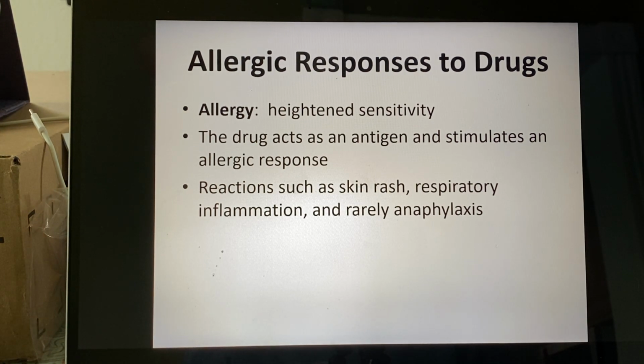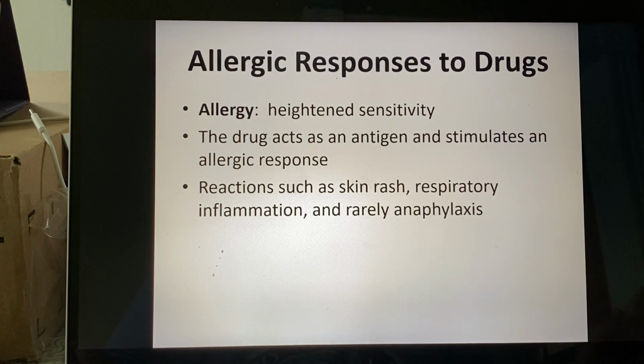When you have an allergy to a drug, it can include a skin rash, in worst-case scenarios respiratory inflammation where the person is having a hard time breathing, and rarely, thankfully, anaphylactic shock. This is the reason why some people carry EpiPens, or why, especially on your medical records, you should have listed what drugs you are allergic to.